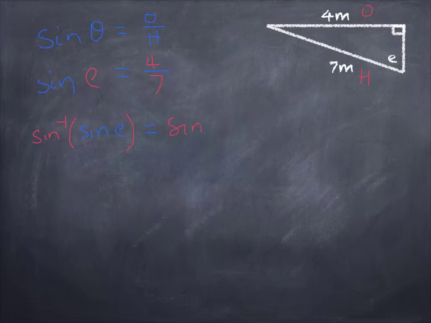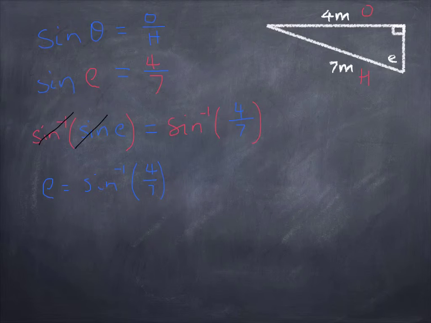Sine^-1 of what was on this side, which is the 4 over the 7. Beautiful. Now we can cancel some things out, because sine^-1 of sine disappears. They cancel. This side of the equation, nothing to cancel. So we're left with E equals sine^-1 of 4 over 7.